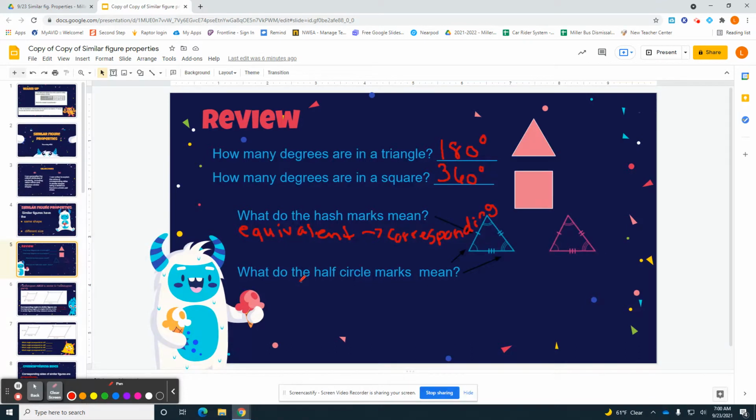Equivalent or corresponding sides. What do the half circle marks mean? These little marks are more of a quarter of a circle, sorry, guys. But what do those mean? Does anybody know? It means the same thing as the hash marks, except the hash marks are for sides and those are for angles.